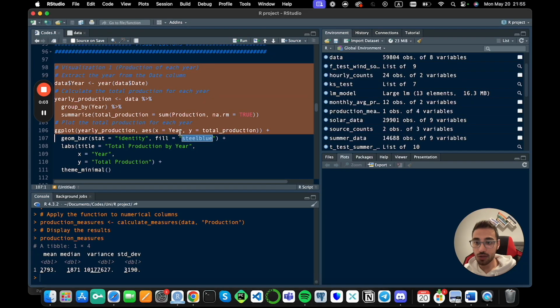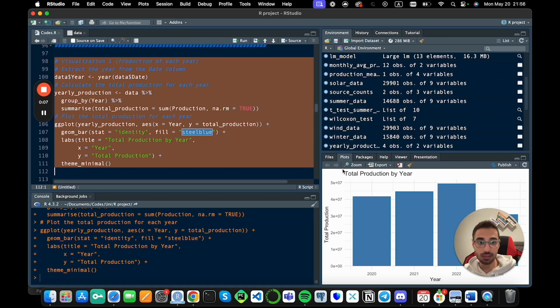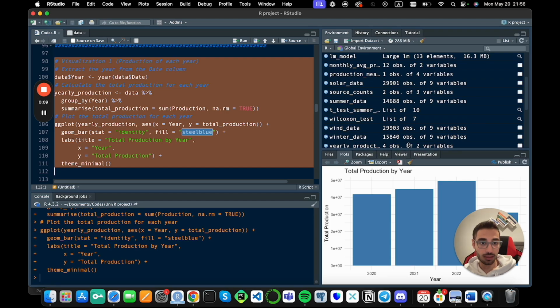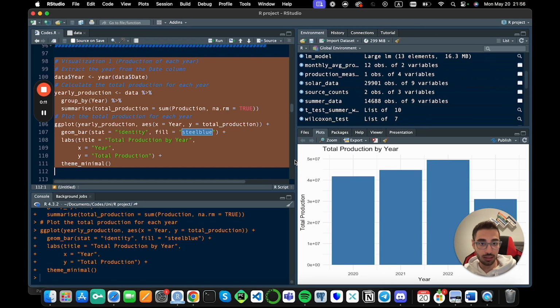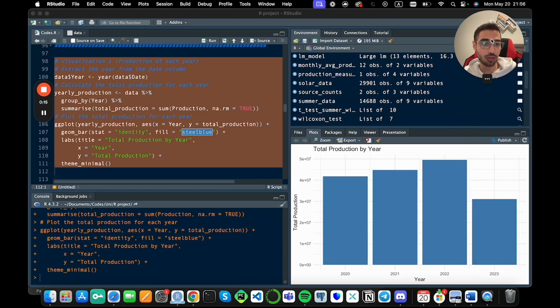Okay, our first visualization is the production by year. Let me change it to here. As we can see here, we had growth in production in each year, but the thing we need to consider is that we have the data until June of 2023.